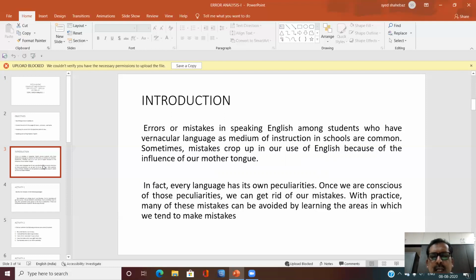In fact, every language has its own peculiarities. So these peculiarities are the hallmarks of the language.